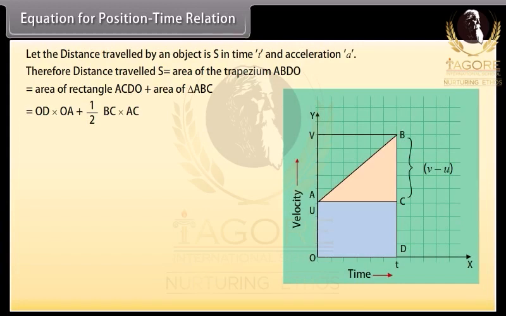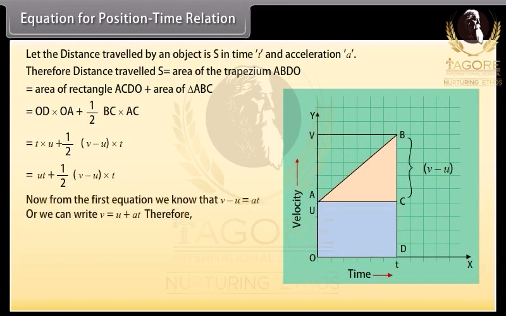Now putting the values, we get t into u plus 1 upon 2 into (v minus u) into t. On solving further, we get ut plus 1 upon 2 (v minus u) t.